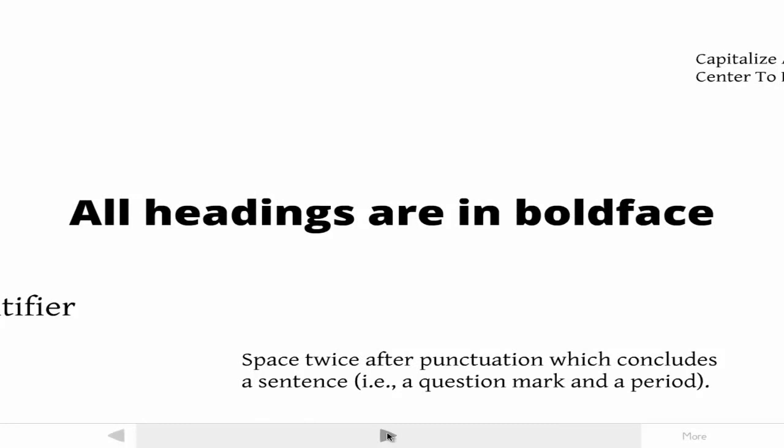All headings are in boldface. So the only bold required for the document are headings, but this again can be level 1, or level 2, or level 3 headings. We typically deal with only 3 level headings, but there are 5 headings in total, according to APA. But all headings now are in boldface.